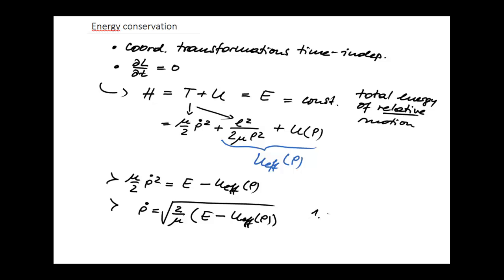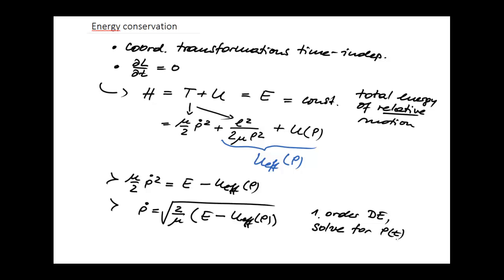And this is now a first order differential equation, which at least in principle, not always analytically, sometimes only numerically, but in one way or the other, we can solve for rho of t.